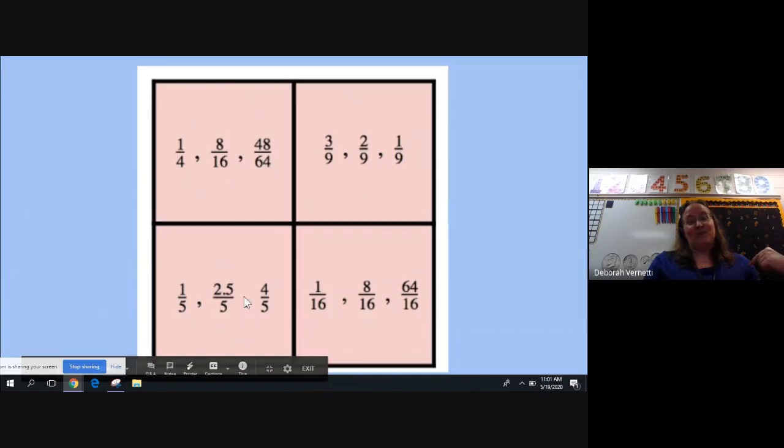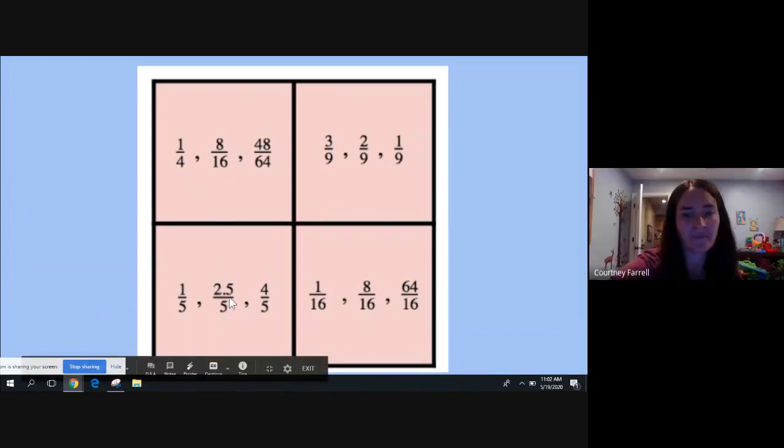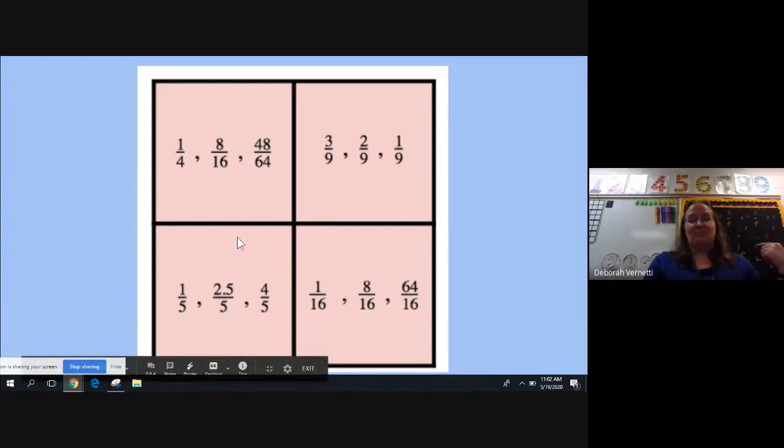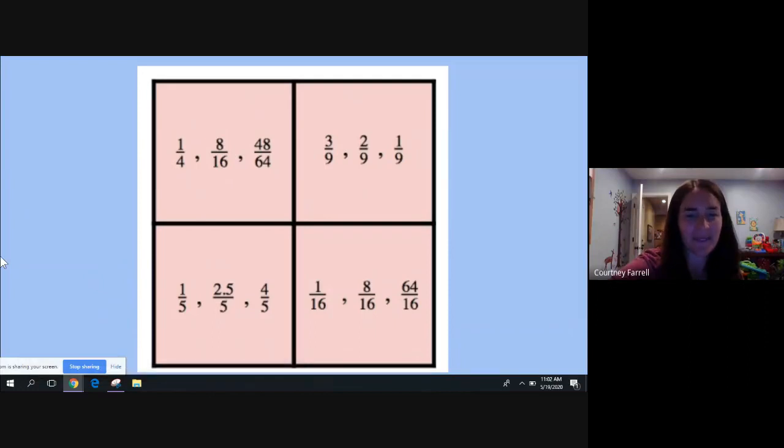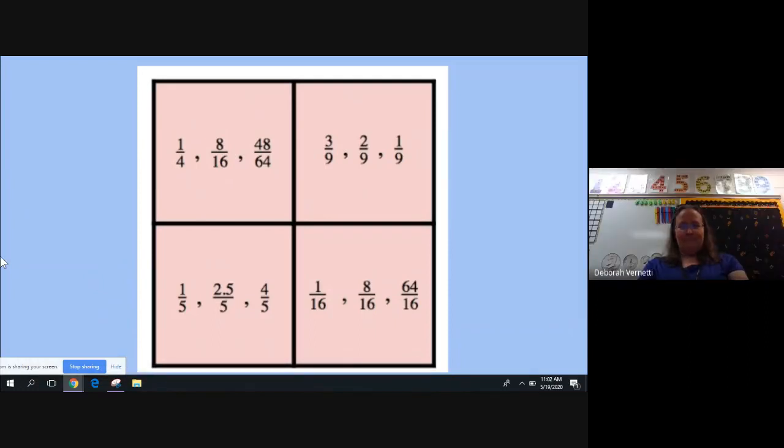Sometimes, when I'm doing math with students, I will let them put decimals in there, but then we find a way to get rid of the decimal just so that the numerator is a whole number. So I would say that this bottom left doesn't belong because it's the only one that has a fractional numerator. Yeah, that makes it a little trickier, doesn't it? It does, definitely. Okay. Let's keep looking.